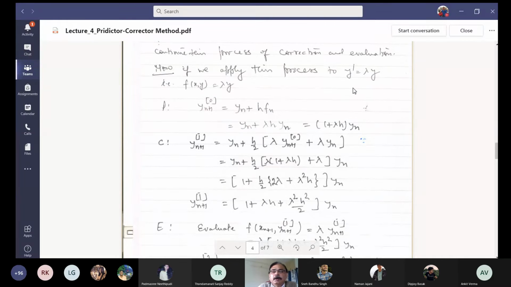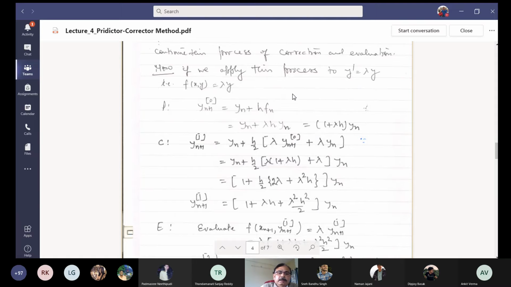This is your test problem. So every method will be tested on this y prime equal to lambda y, and we'll check whether it is convergent, whether it is stable or not. So that's the reason we go for this test problem.